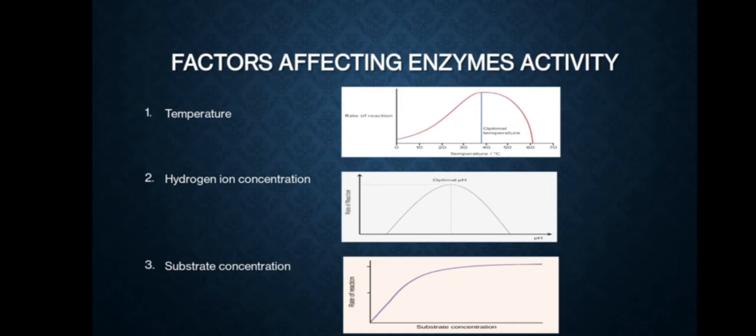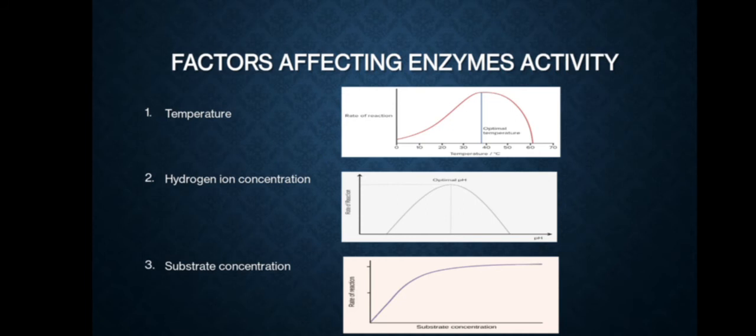And the third factor that affects enzyme activity is substrate concentration. In the graph between rate of reaction and substrate concentration, we can see that substrate concentration also influences enzyme activity. As the substrate concentration increases, the rate of reaction also increases. This is because the more substrate molecules interact with enzyme molecules, the more product will be formed.